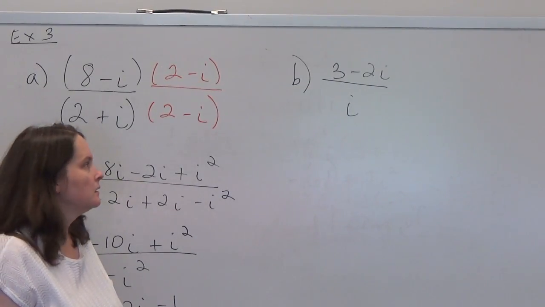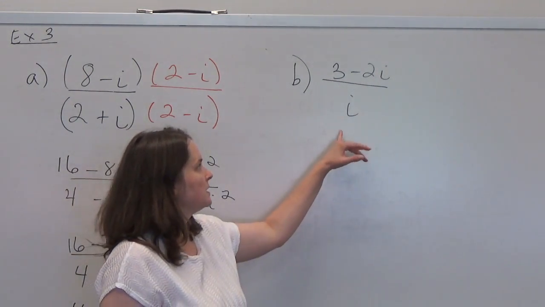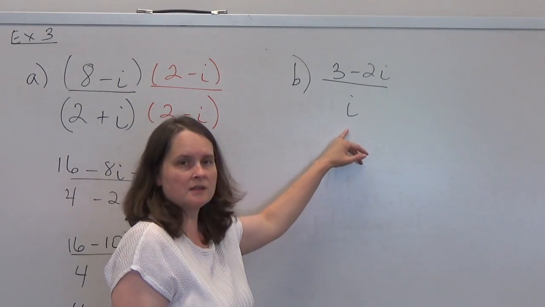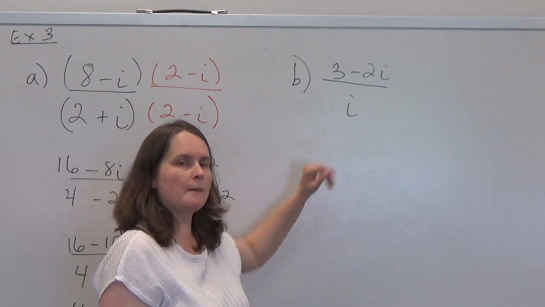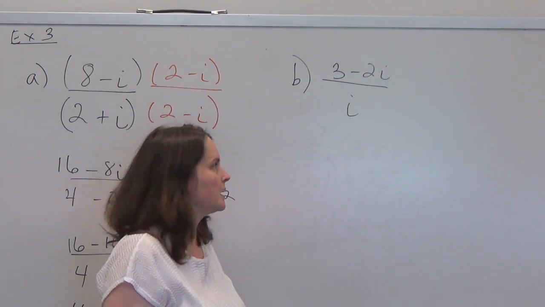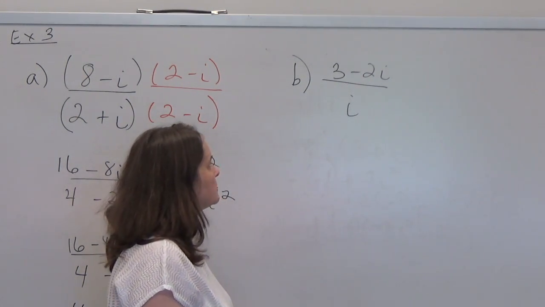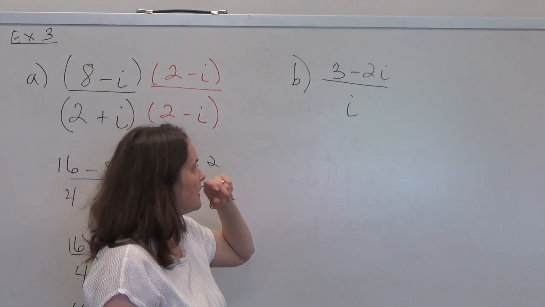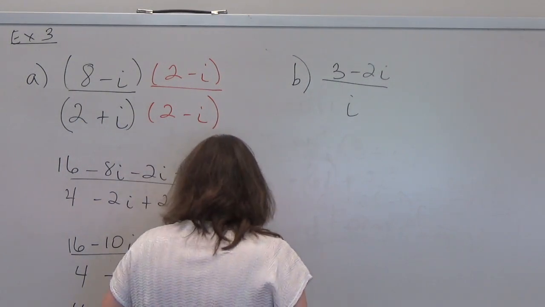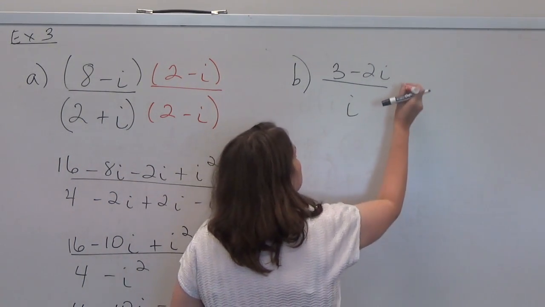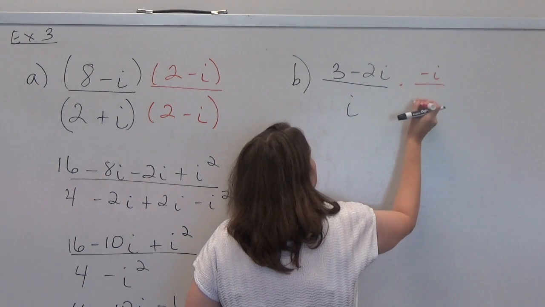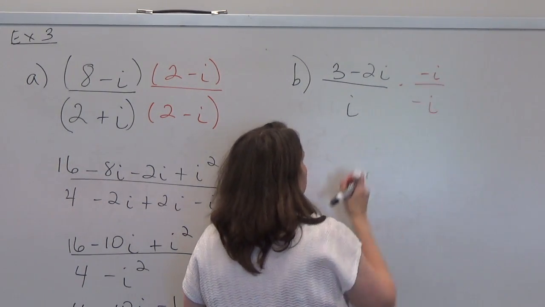For part B, in order to get this one into the correct form, we can do the same concept, multiply the top and the bottom by the conjugate of the denominator. The conjugate of i is negative i. So we can multiply the top and the bottom by negative i right from the start. All right.